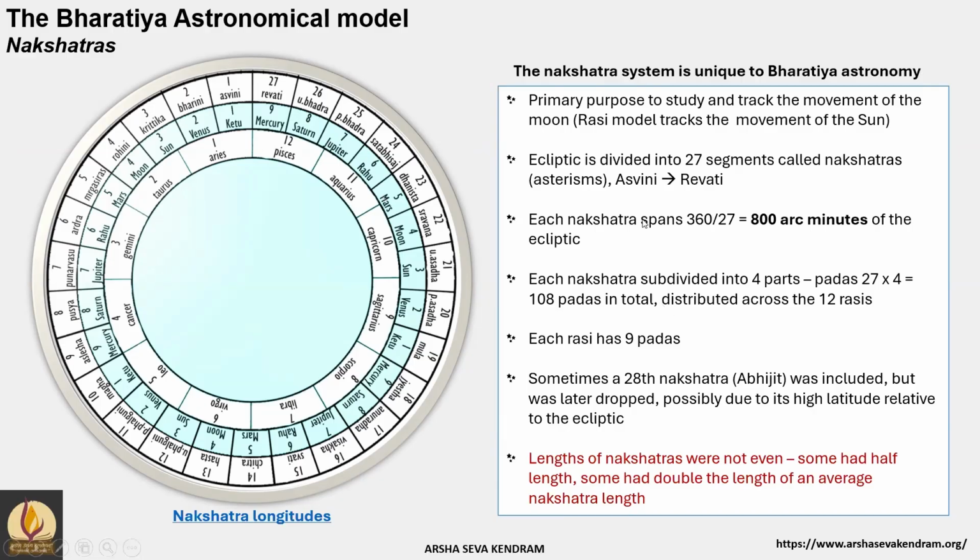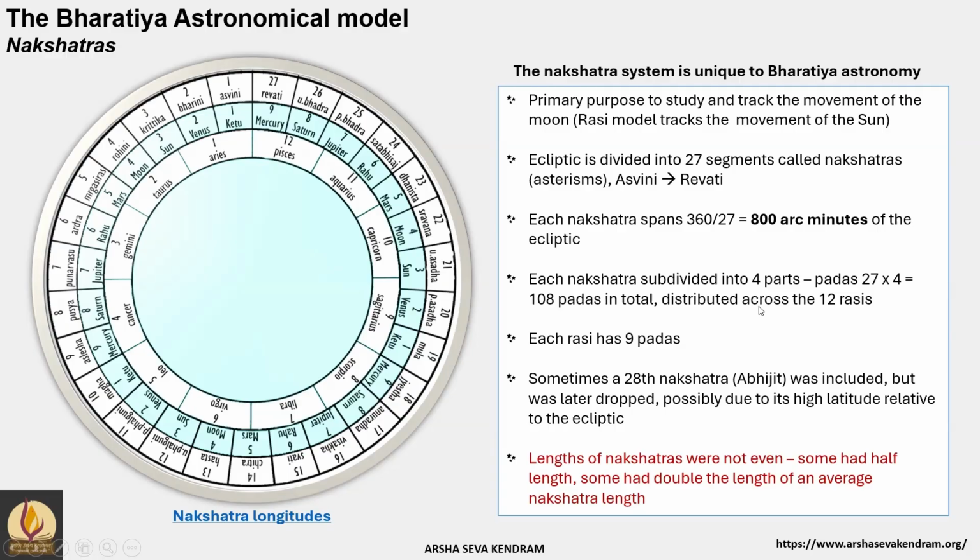And we also saw a little bit about the segmentation of the 360 degrees of the night sky. If the night sky is 360 degrees, then every nakshatra occupies 800 arc minutes, which is a simple division of 360 by 27.